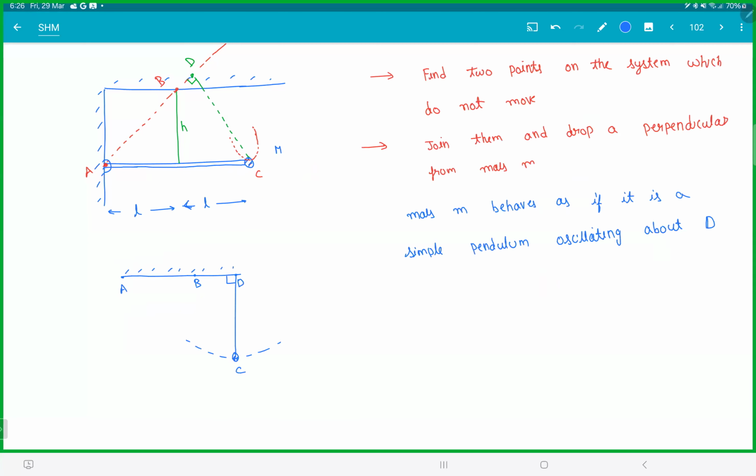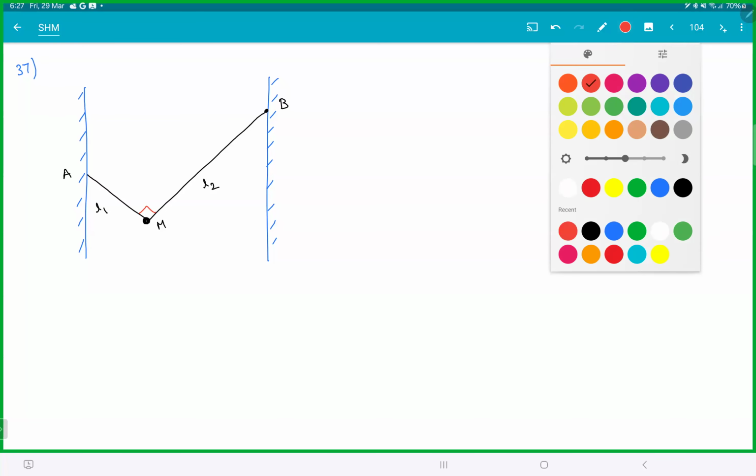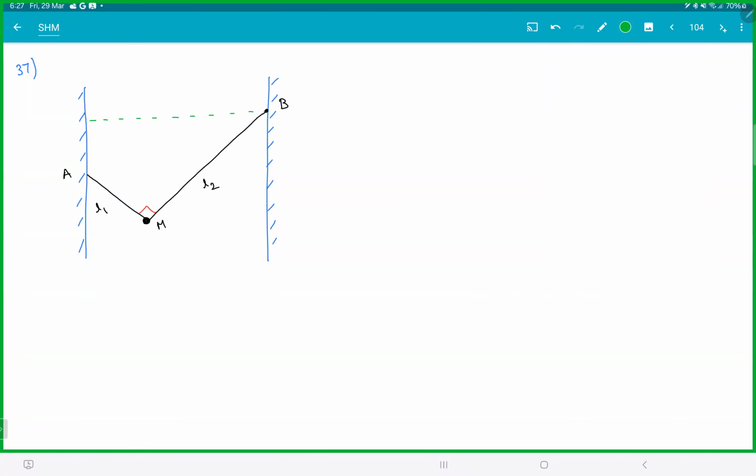Next thing. We have two walls here. This is point A, this is point B, this is mass M, this is L1, this is L2, this is 90 degrees, this is length a, this is length b.